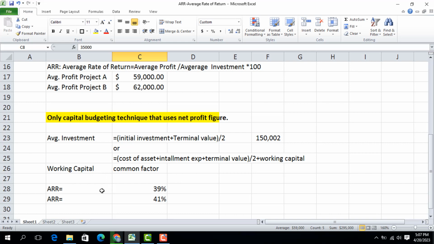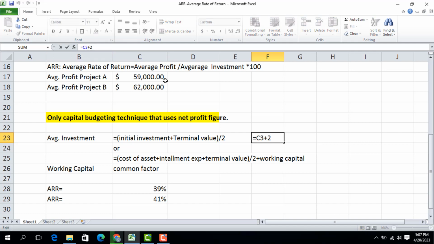Now I am going to put the values in the formula to get the ARR value for project A and project B. So here is the 59,000 average profit divided by 150,000. I think something is wrong here.